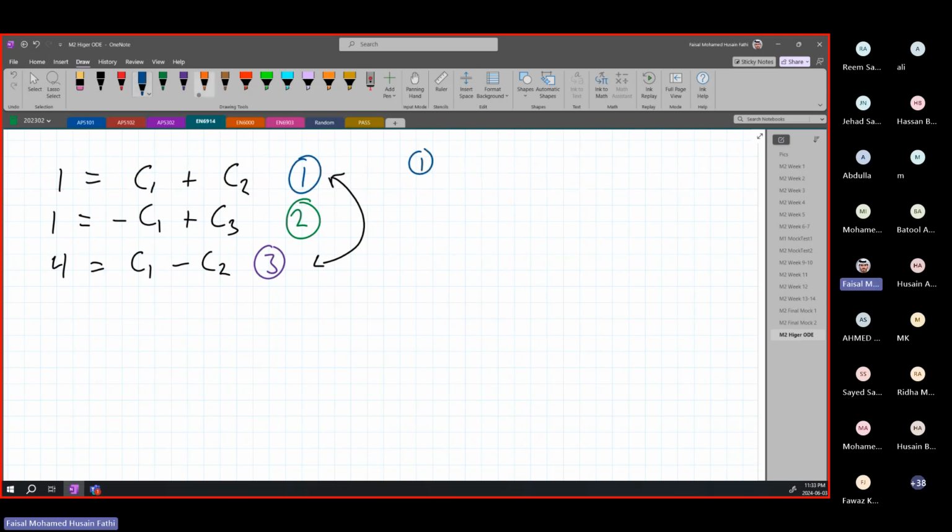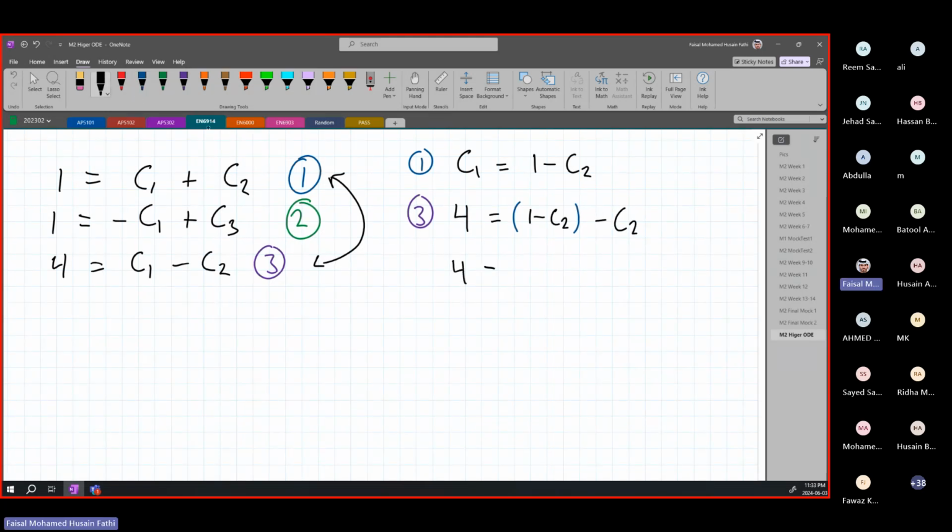So for equation 1, I'm just going to rearrange it so that I have C1 is equal to 1 minus C2. All I did was move the C2 to the other side. And now I am going to plug into equation 3, which is 4 is equal to C1, which is 1 minus C2, from equation 1, minus C2.